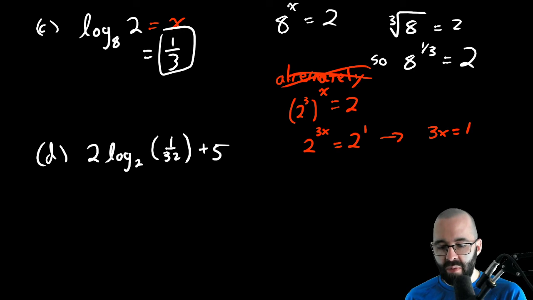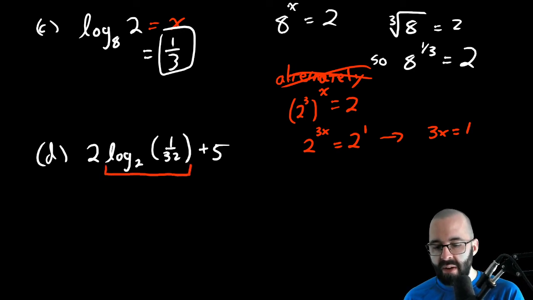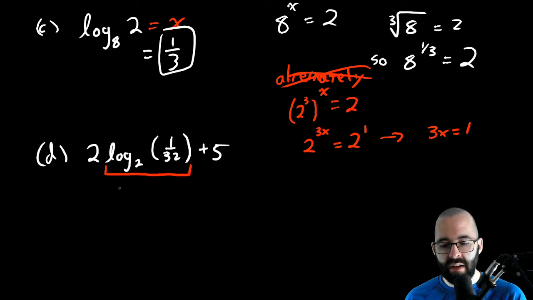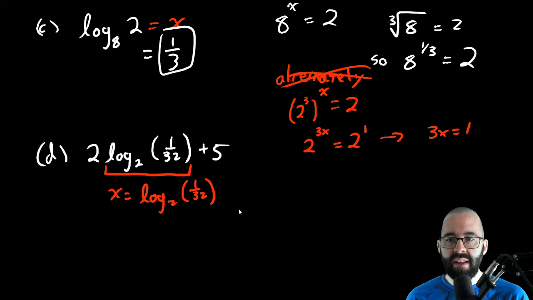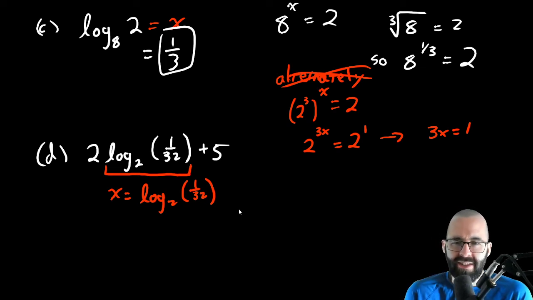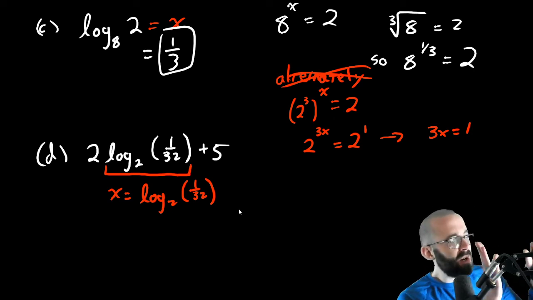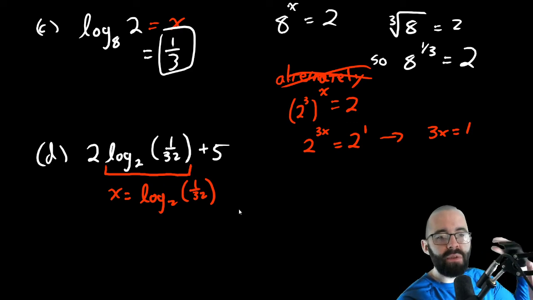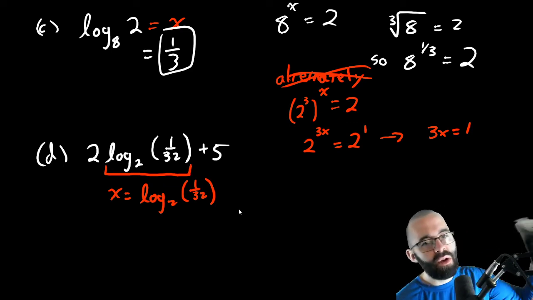So for this problem, what we do is we go off to the side and say, if we can find this logarithm, then we're basically done. I can multiply something by 2 and then add 5. So go off to the side real quick. Let's work on the logarithm. And then once we simplify the logarithm, let's put it back in.